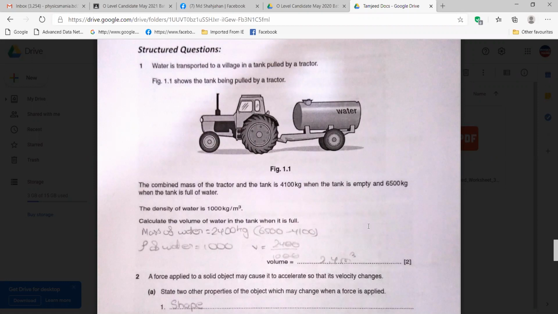Water is transported to a village in a tank pulled by a tractor. Figure 1.1 shows the tank being pulled by a tractor. The combined mass of the tractor and the tank is 4,100 kg when the tank is empty, and 6,500 kg when the tank is full of water. The density of water is 1000 kg per meter cube. Calculate the volume of water in the tank when it is full.